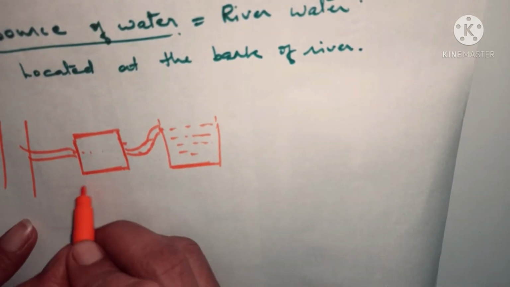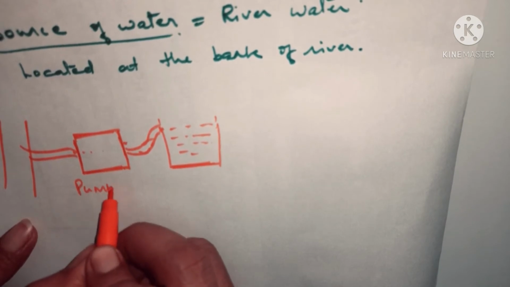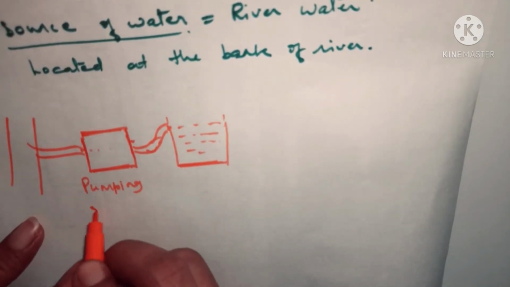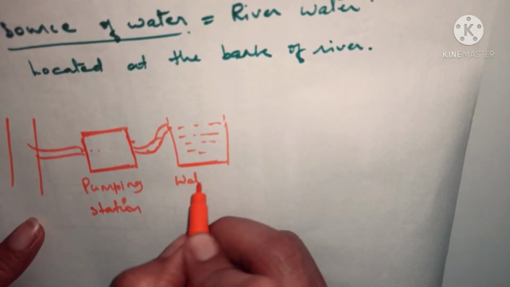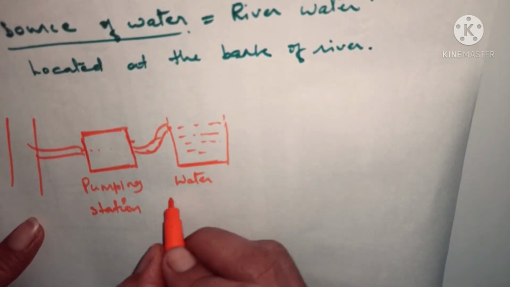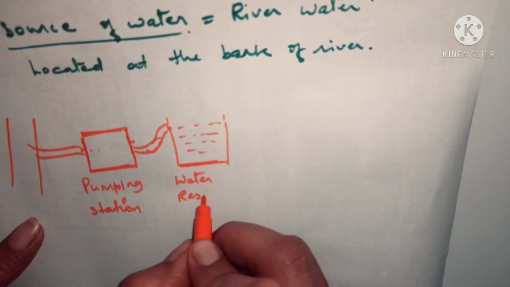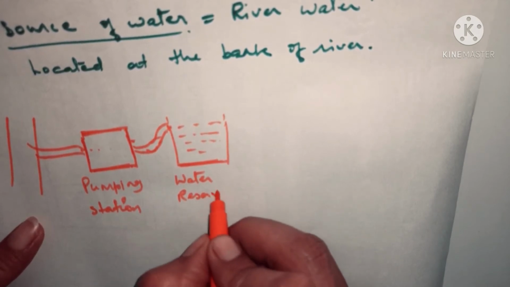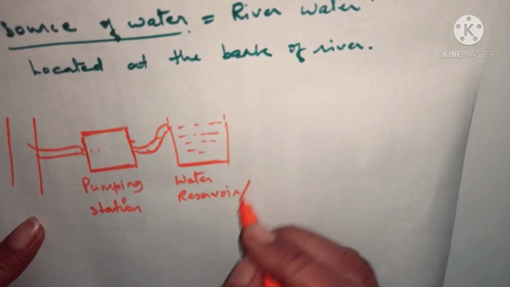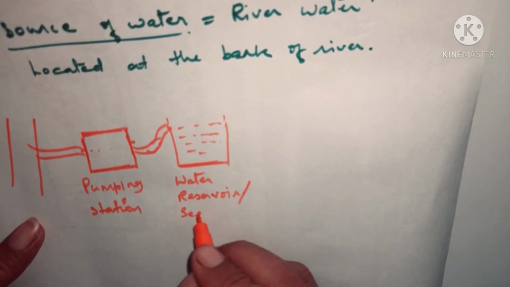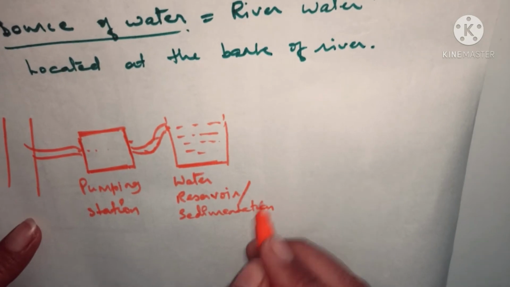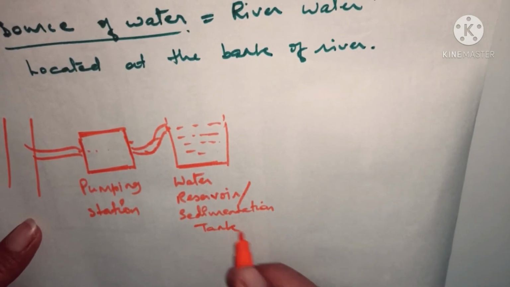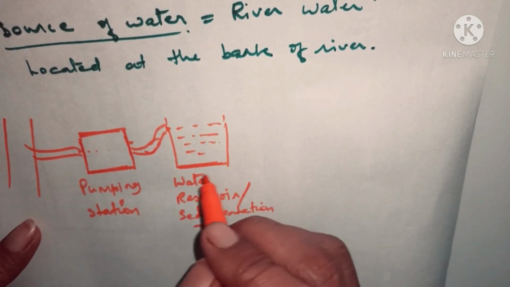This is the pumping station, and this is the water reservoir. We call this water reservoir a sedimentation tank. So this is your sedimentation tank.